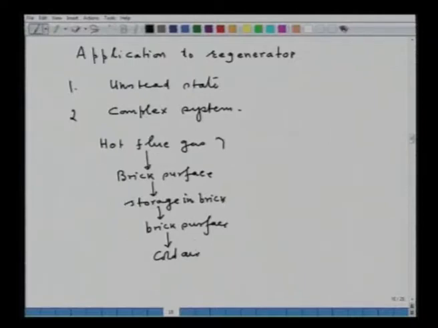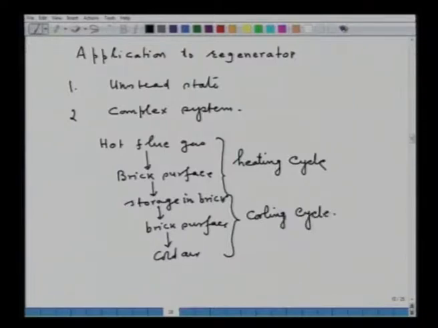So, this particular cycle is the heating cycle, as all of you know, of the regenerator, and this particular cycle is the cooling cycle.